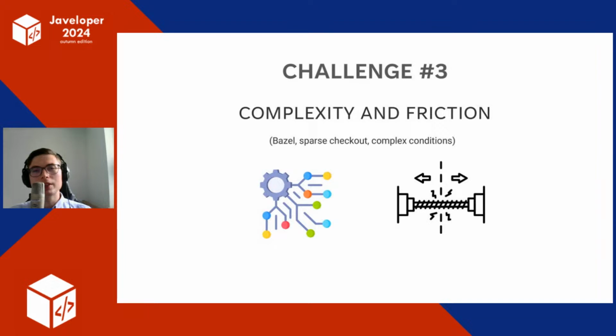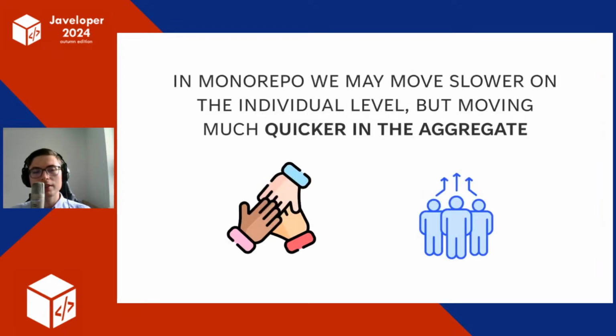So it was really surprising for me, but then came an important realization that the goal here is not to move faster on the individual level, but to move faster as a whole organization. So as long as we are moving quicker as an organization, that is the advantage.